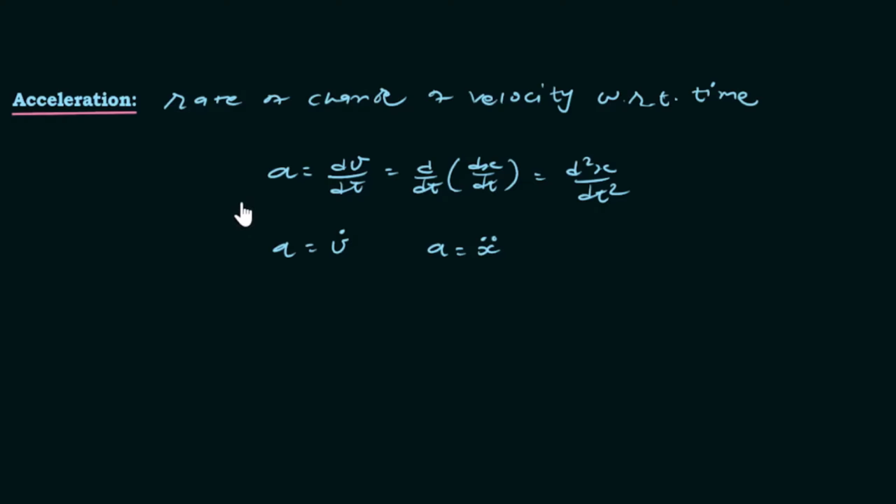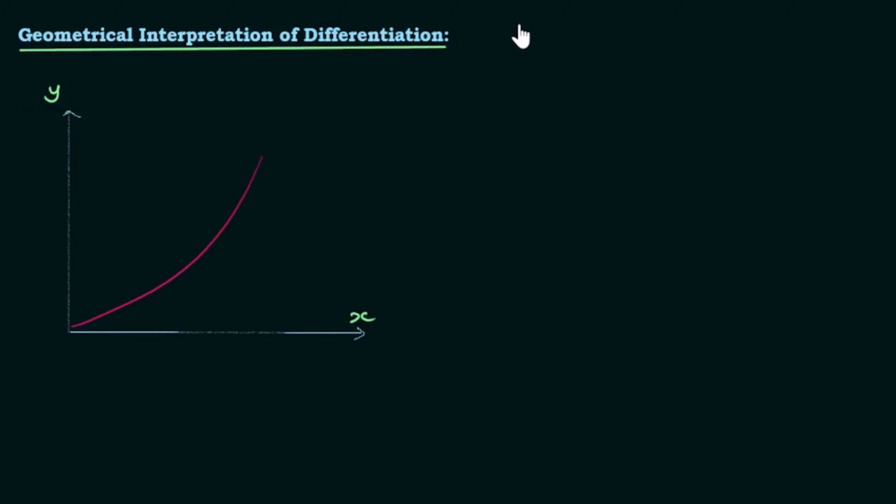Now let us move to the geometrical interpretation of differentiation. In the geometrical interpretation, consider this graph of y versus x. Here y is some function of x which can be represented by this pink line. If I take two points here and here, we can have a right angle triangle like this.